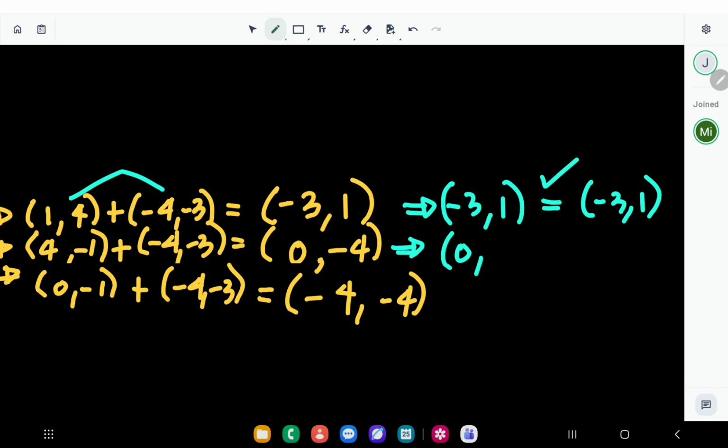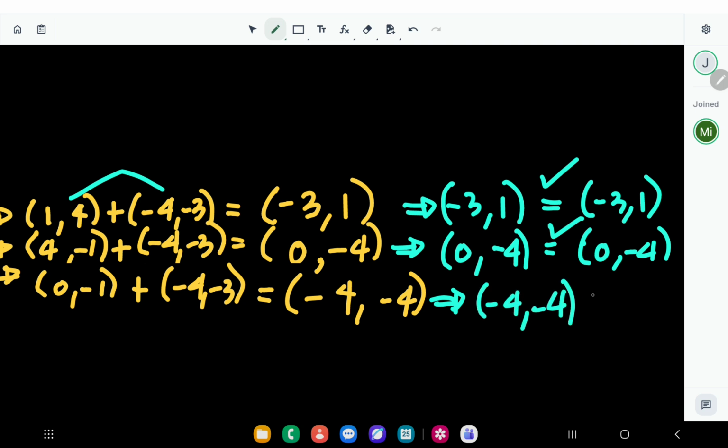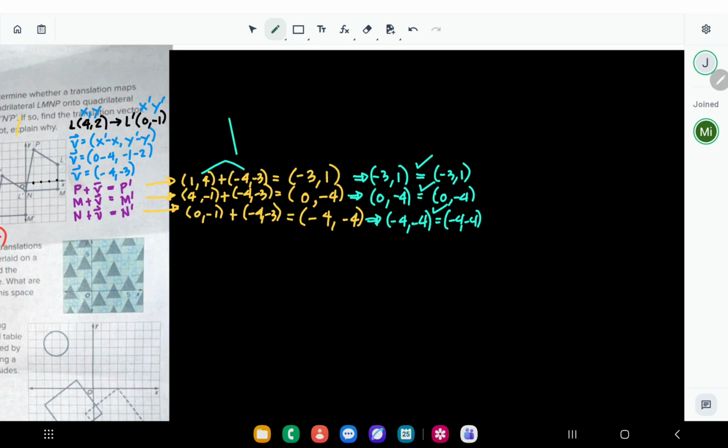That is 0. Negative 1 plus negative 3 is negative 4. So this is equal to 0, negative 4. So it translates. And then negative 4 plus negative 4... then negative 1 plus negative 3 is negative 4. It equals negative 4, negative 4. So it translates. Okay.